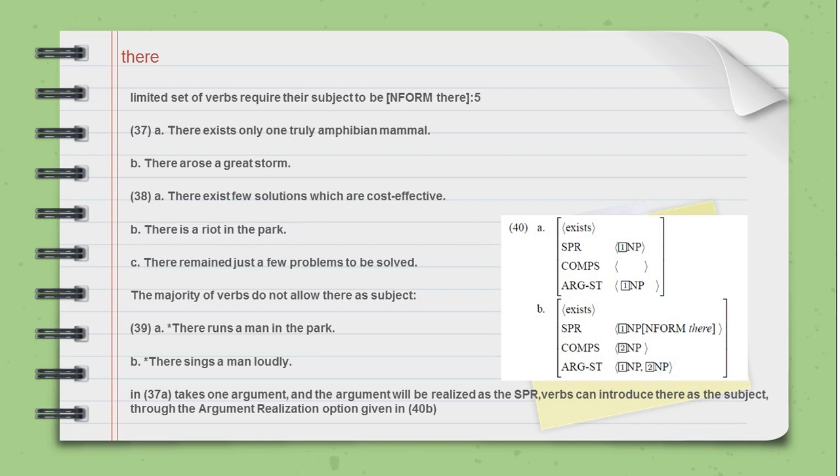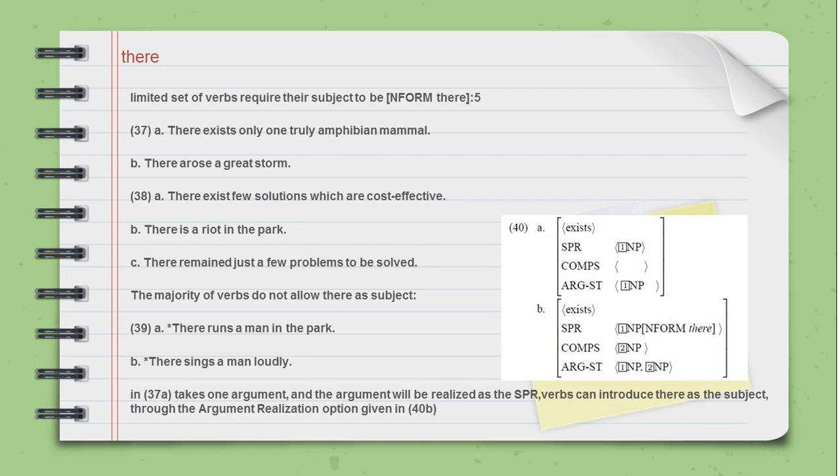For the sentence with there as subject, we first consider the verb form which has a regular subject. A verb like exist in 37a takes one argument when used in an example like only one truly amphibian mammal exists, and the argument will be realized as the specifier as dictated by the entry in 40a.